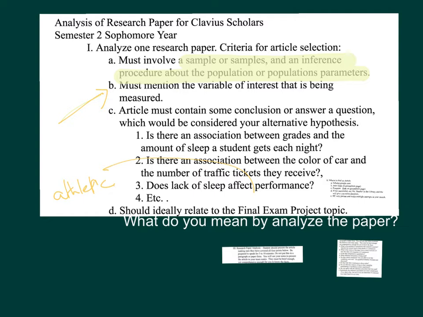I did some quick searches and was able to find articles, but it does take some patience and some effort. Ideally, the topic that you choose for your research paper should be related to the final exam project, because remember, in your final exam project, you have to cite prior research.